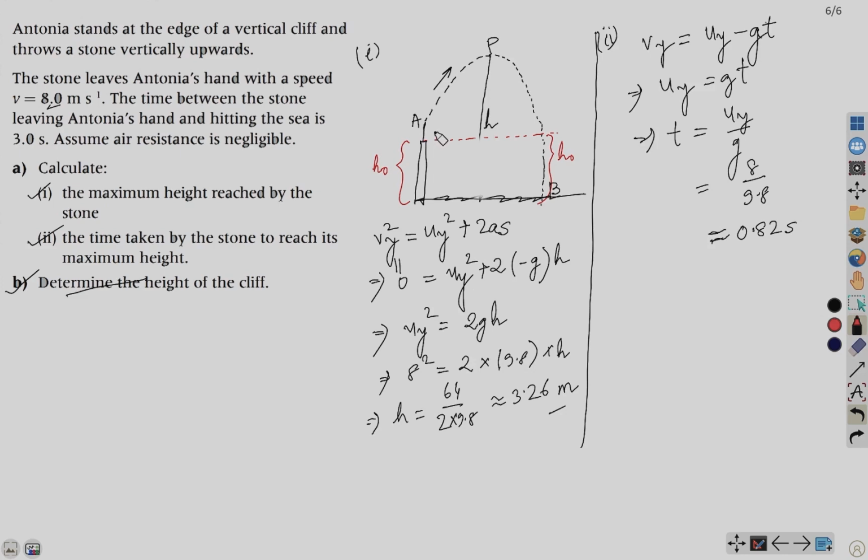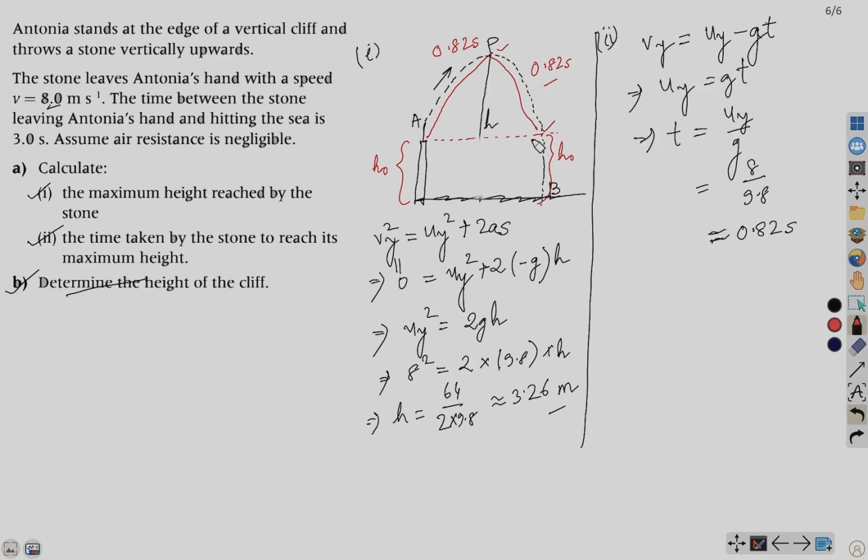So if we neglect the height of Antonia, then the time it took to reach from this point to this point will be same to reach from this point to this point. Yes. And we know the time it took from here to here is almost 0.82 second. Therefore, from here to here, it will take 0.82 second by the symmetry.